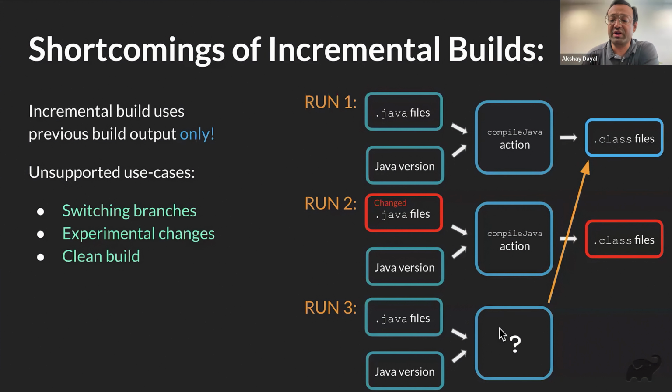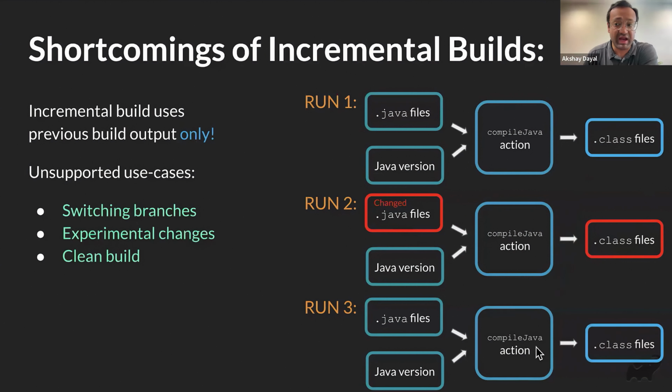Now think about it. Wouldn't it be nice if somehow you could reuse the bytecode that was available just a few minutes ago? But no, the build directory has the bytecode created with different inputs. So it has to run the action again. And keep in mind, for very large projects, this is very time consuming, and it has to run that expensive action and produce new bytecode once again.